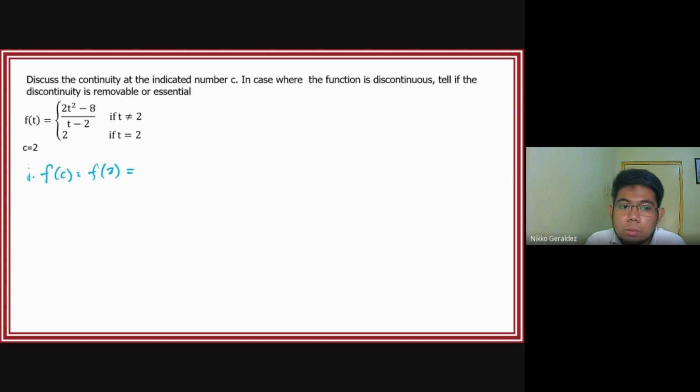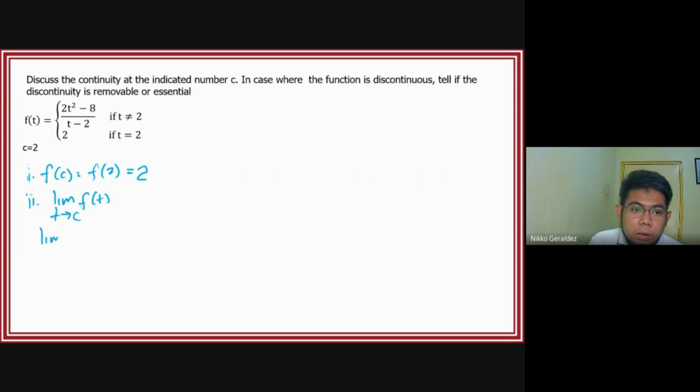That is equal to 2. Next, condition number 2: the limit of f of t as t approaches c, dapat mag-exist. O, right-hand limit.